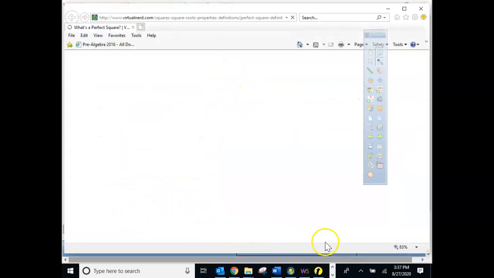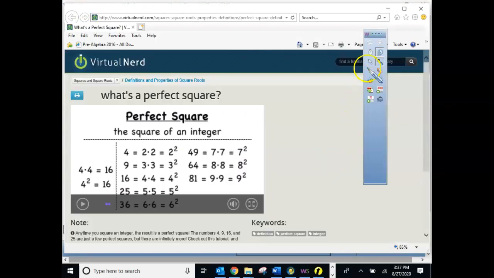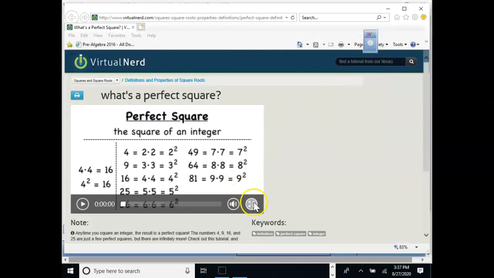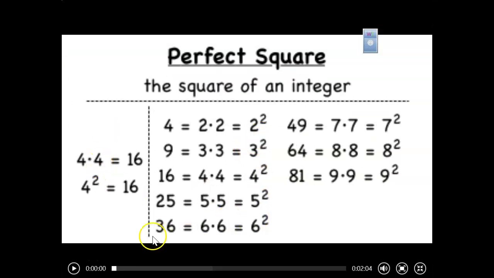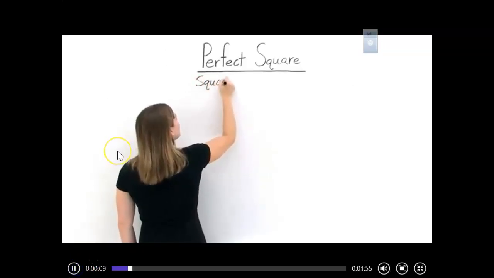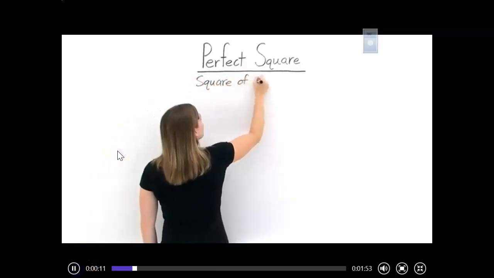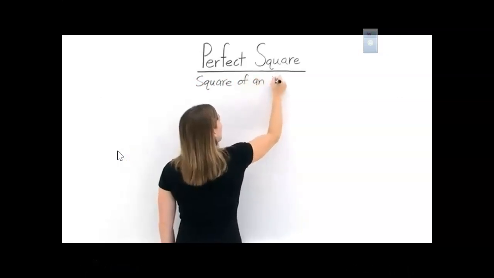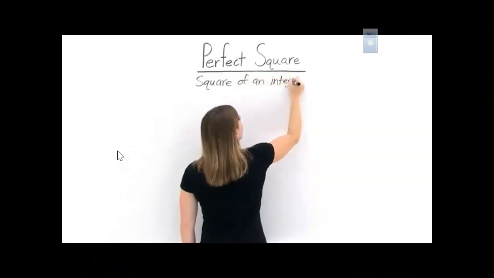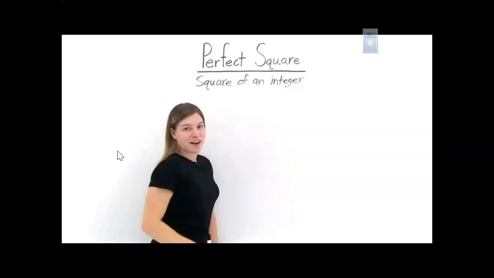So as you are taking a look at this, that is the square of an integer. In other words, we could take an integer and square it, and that resulting number is a perfect square.